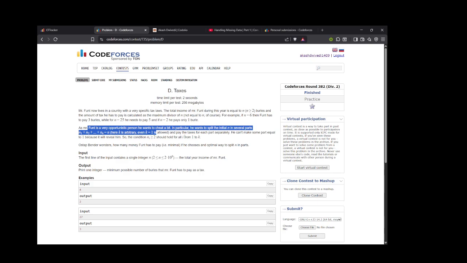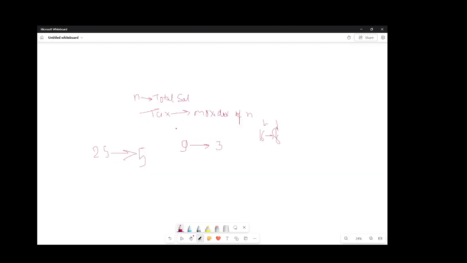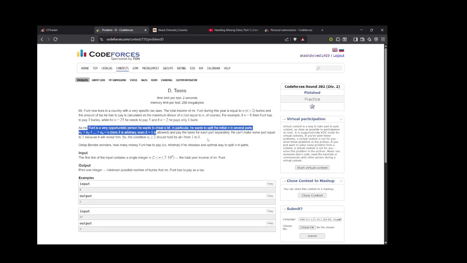He can't make some part equal to 1 because, obviously, when it is 1, the maximum divisor of 1 would be 1, and here you can't take n as the maximum divisor. So he can't take 1, as already written in the problem.